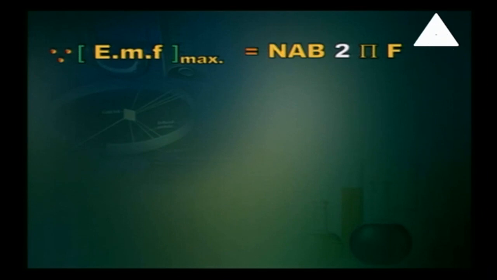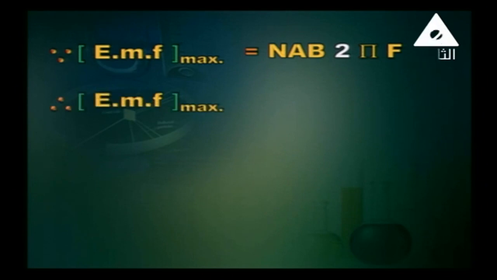Since EMF maximum is equal to NAB omega, and omega is equal to 2 pi f, EMF maximum is equal to NAB 2 pi f. And frequency is the reciprocal of the periodic time.